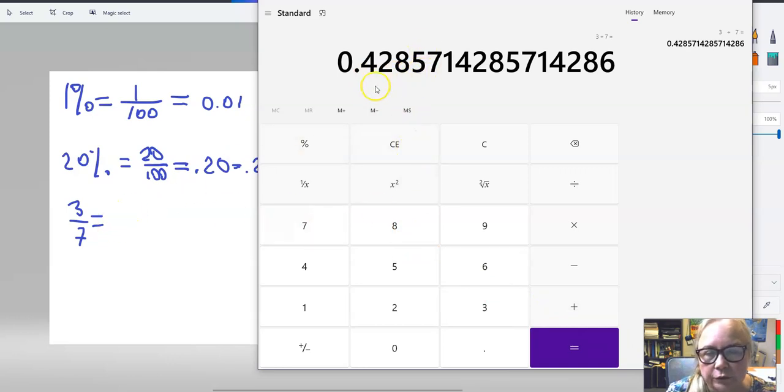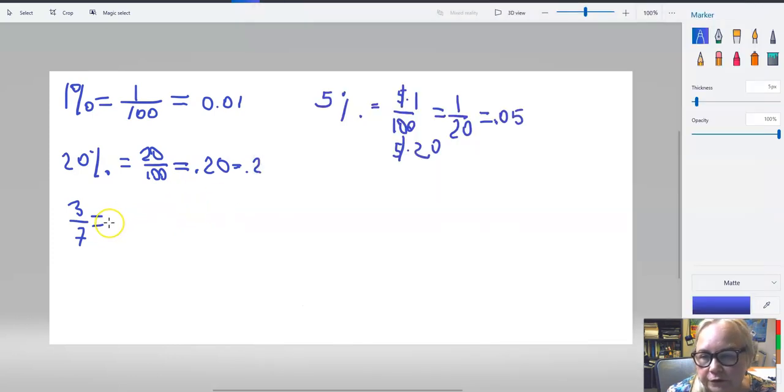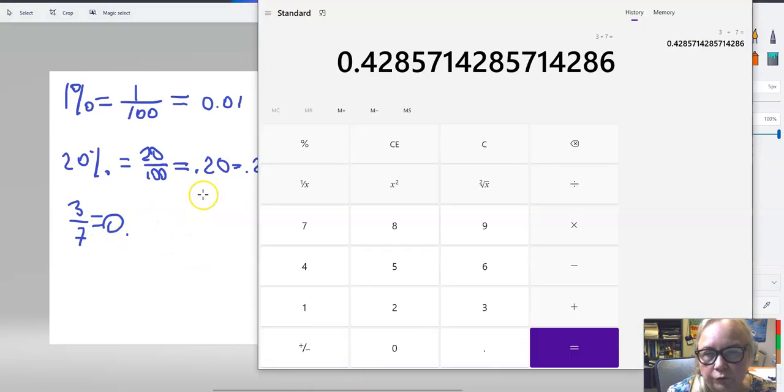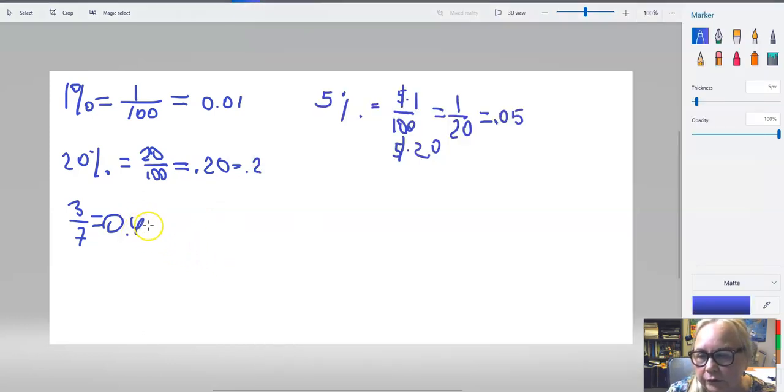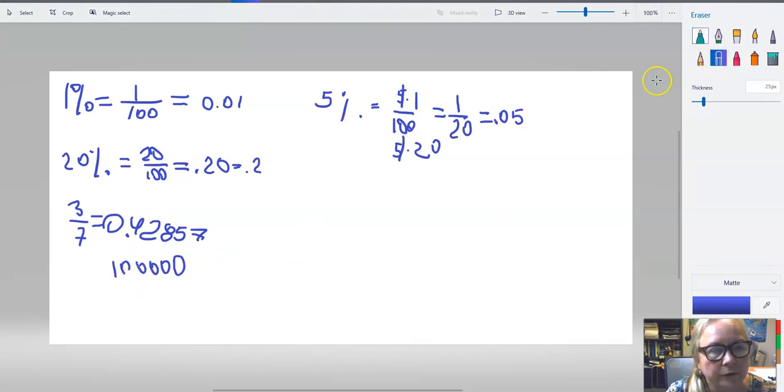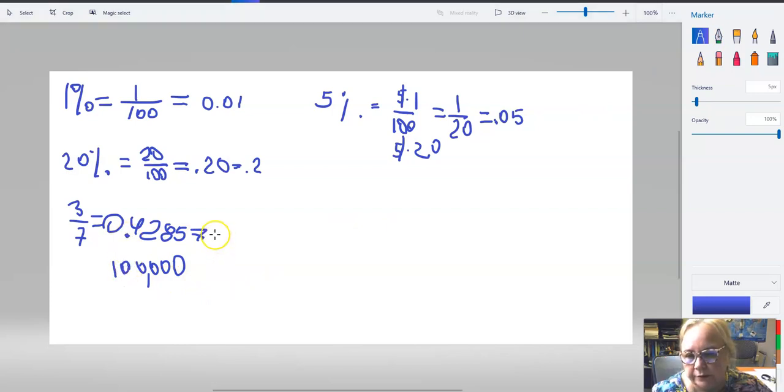Say we want to have the first 5 digits: 0.42857. The next digit is 1, so we don't add anything to the 7. So we got the decimal equivalent.